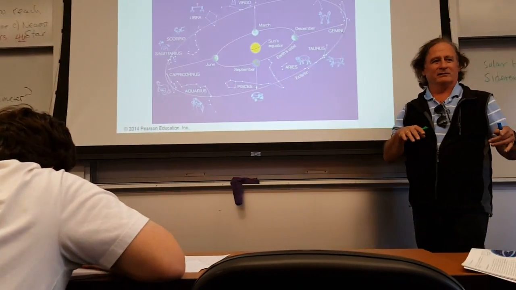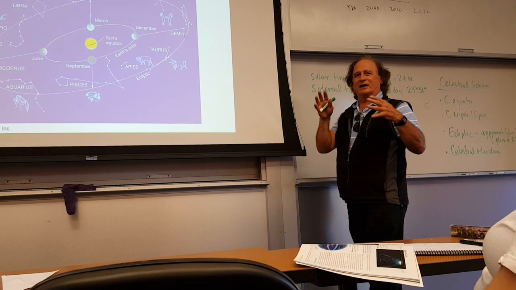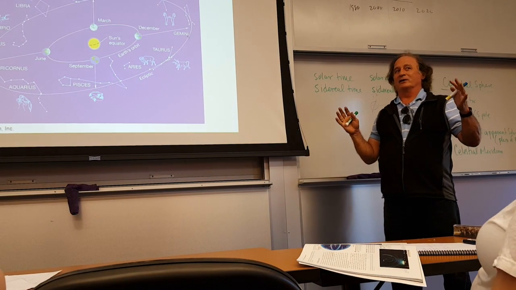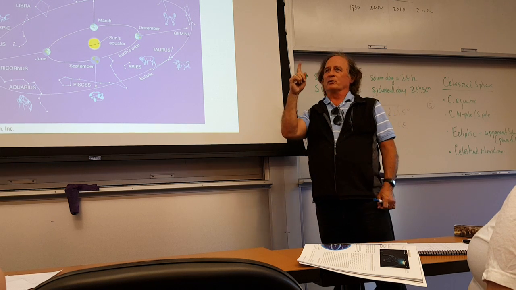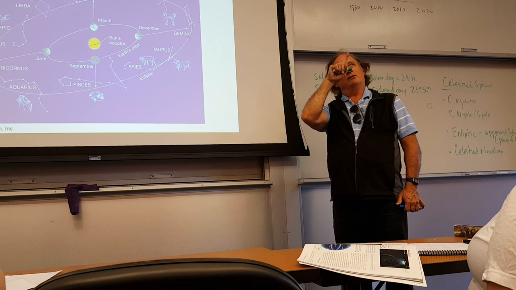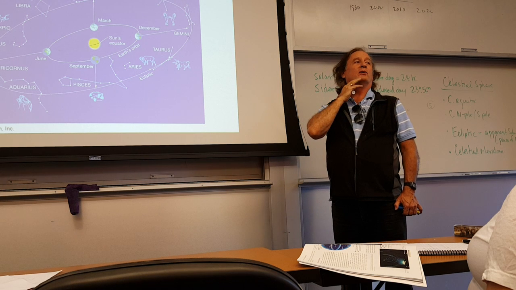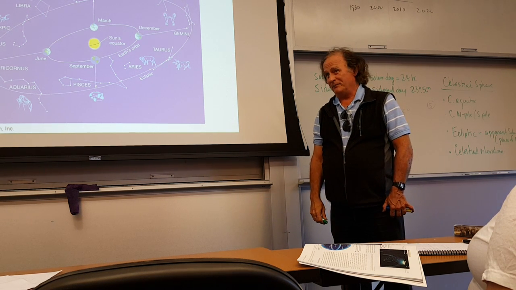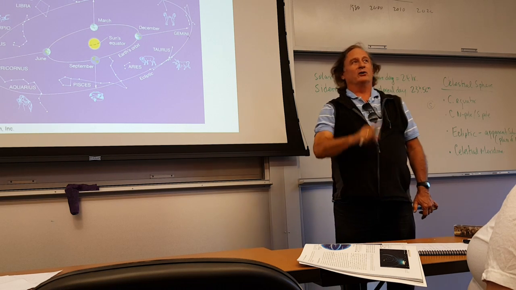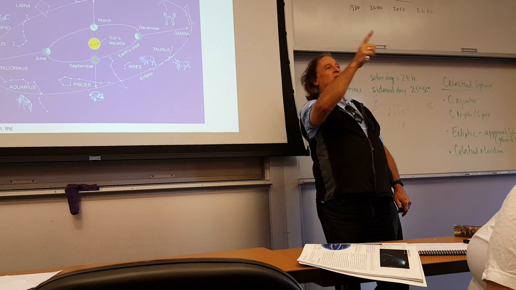Somebody mentioned tidal locking or something. So tidal forces affect the Earth, and it causes it to precess. So the Earth's North Pole, and therefore the north celestial pole, changes over time. And it goes in a big circle once every 26,000 years.